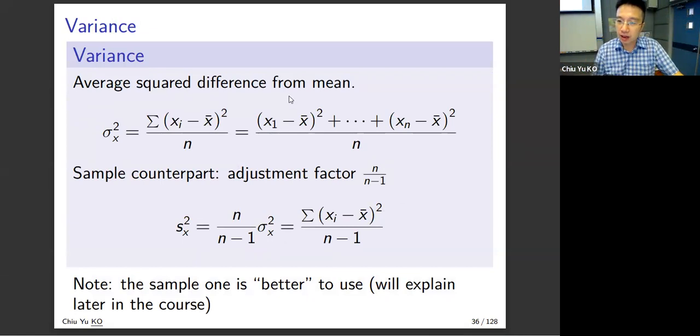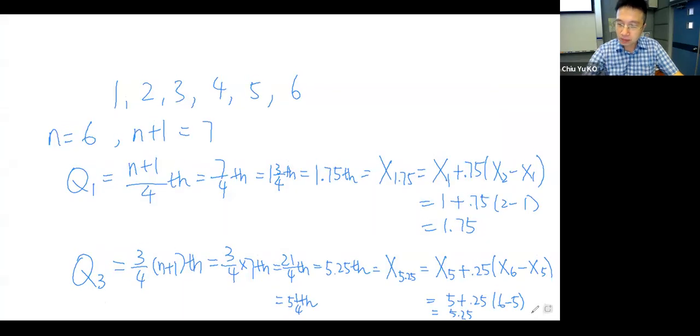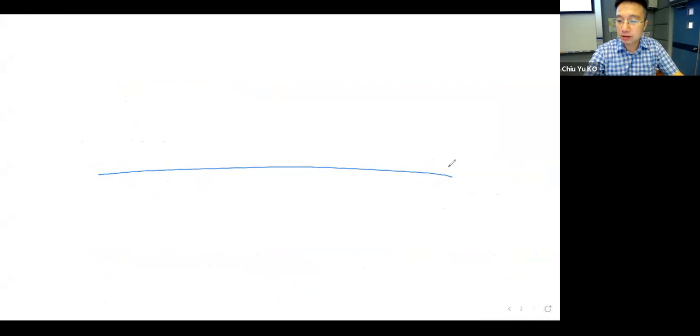So just to give you some idea again, suppose a number line, and suppose your data is 4, 5, and 6. Make it simple. You can easily see the mean is just 5.